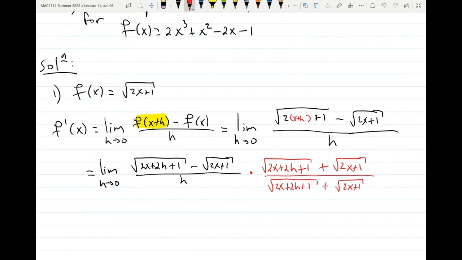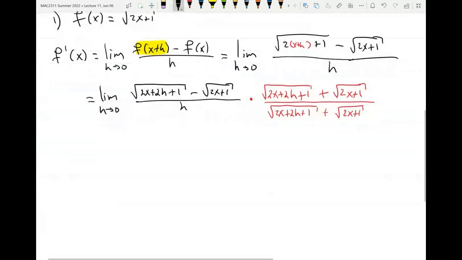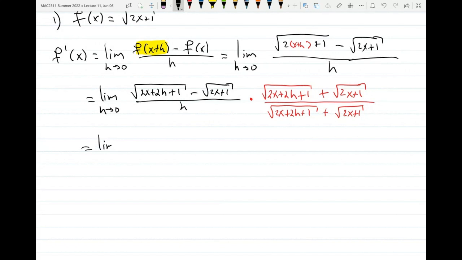Why are we doing this? Because then on top we're going to have a difference of squares, because we have a product of conjugates. When you multiply the top, that would be the first guy squared, killing this radical, minus the second guy squared, killing that radical. So, limit as h approaches 0.